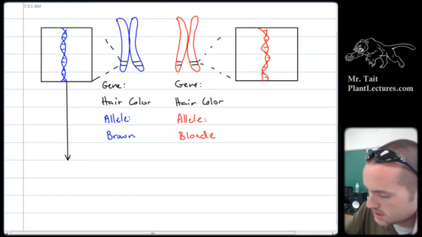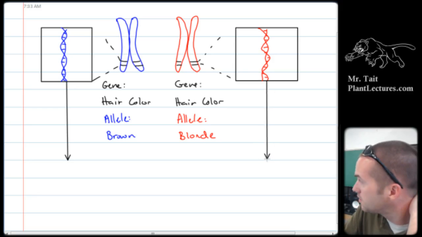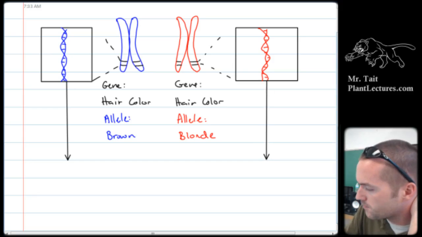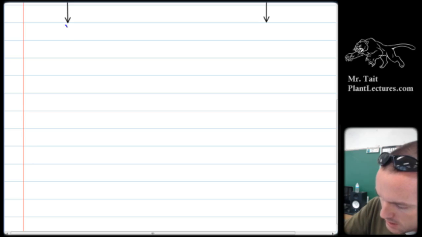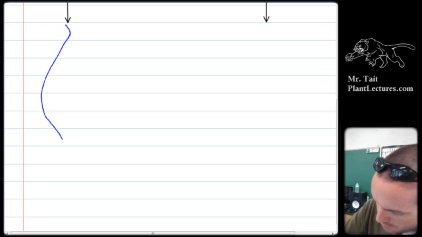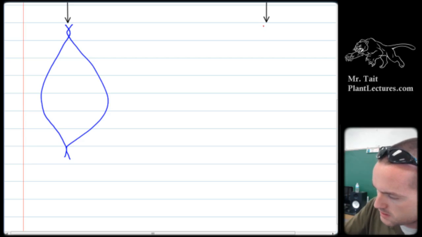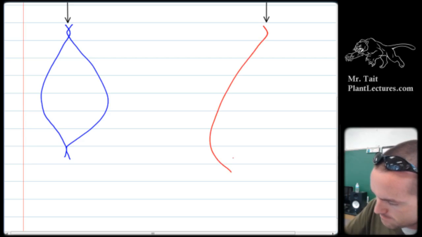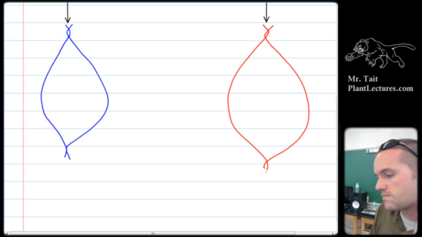Okay, so we're going to take this DNA here, and we're going to bust it open. Okay? And when we bust it open, we're going to do so like this. So we've got, here's this. Something like that. Okay, and then this one is like this. So we've opened up this particular gene.